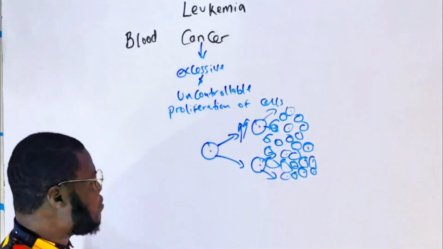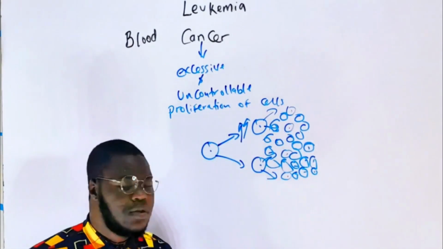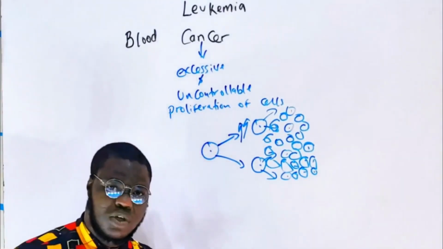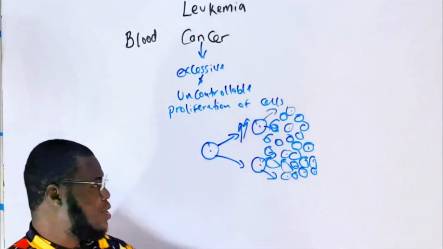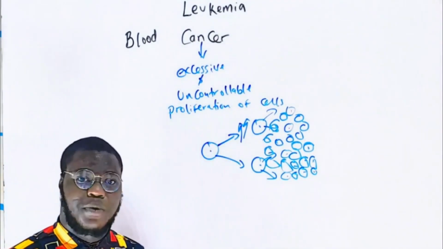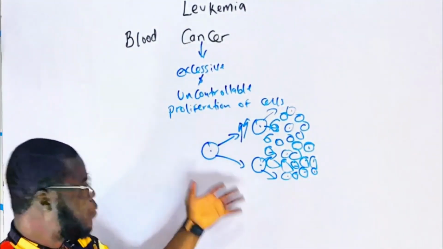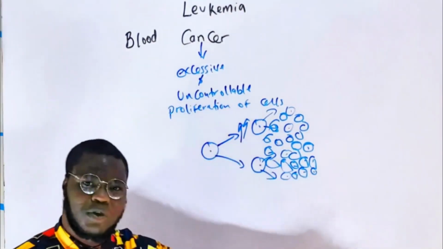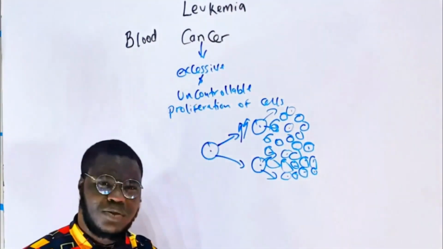But even after having a lot of cells, do you think the proliferation, which means multiplication and duplication of cells, stops? No. The problem with cancer is that it keeps on proliferating. That's why we call it excessive. It's just too much. And uncontrollable, we can't control it anymore.